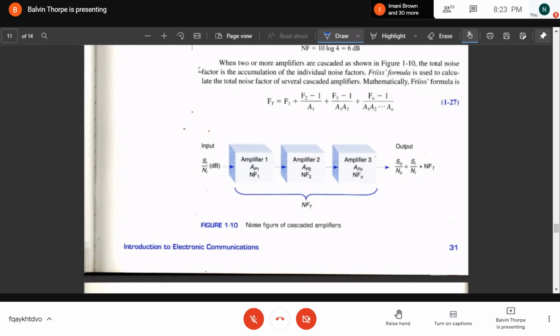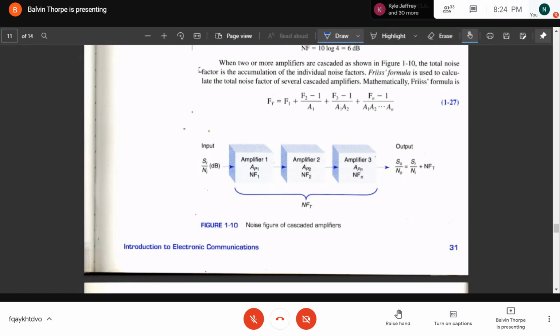Here on screen, figure 110 is showing 3 amplifiers that are cascaded. Sometimes we need to do that to get the appropriate amplification factor that will overcome the noise affecting the communication system.